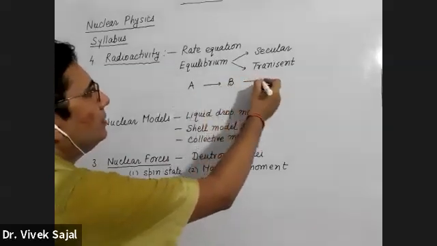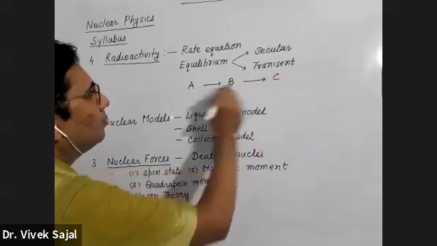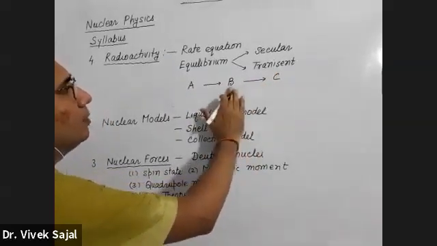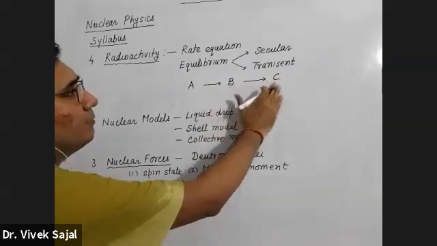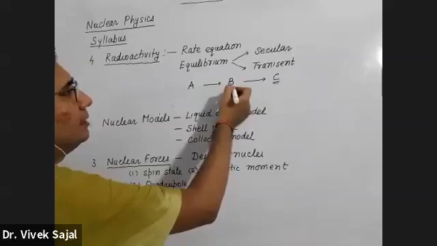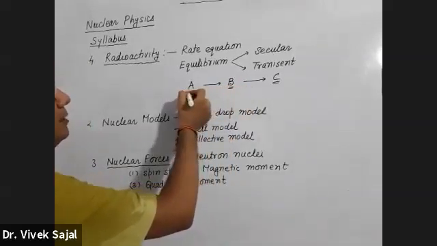It can also be a two-step process. Suppose A is decaying into B and B is decaying into C. So what will be the number of B after time t, and the number of A, B and C? We will discuss all these things.